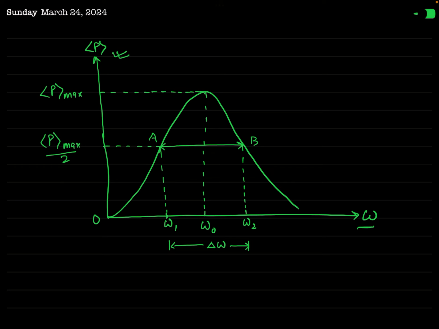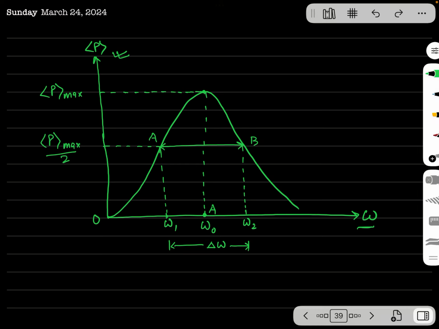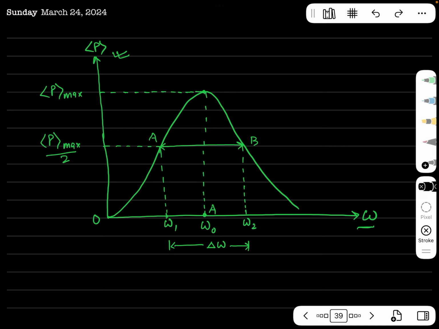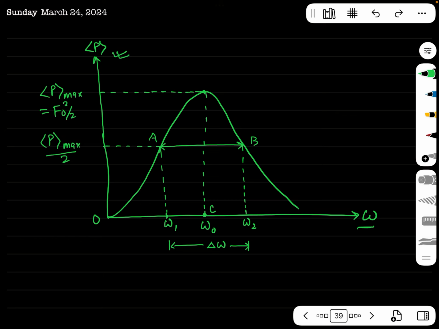As you have seen, when omega is equal to omega naught, corresponding to this point, the power extracted by the oscillator is maximum. Don't write A here because I have already written A earlier. So say this point is C. Corresponding to this point C, omega is omega naught and P is P max, which is equal to F naught square divided by 2R, as you have seen.